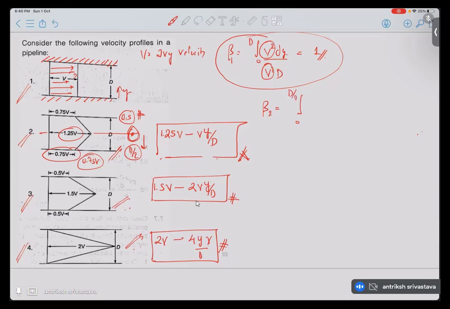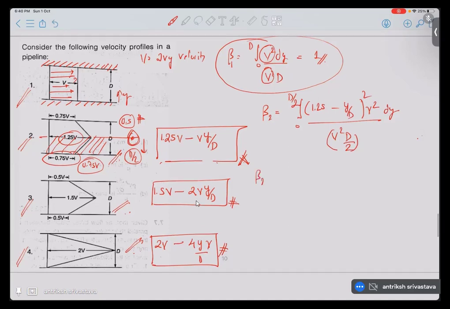So from 0 to d by 2 we want to go for our y, and the expression is 1.5 minus y by d, all squared. We'll take v square outside, and we have v square d in the denominator anyhow. Since we are doing only the half, we actually have v square d by 2 in the denominator. Beta 3 will be the integral from 0 to d by 2, similarly, of 1.5 minus 2y by d, squared.